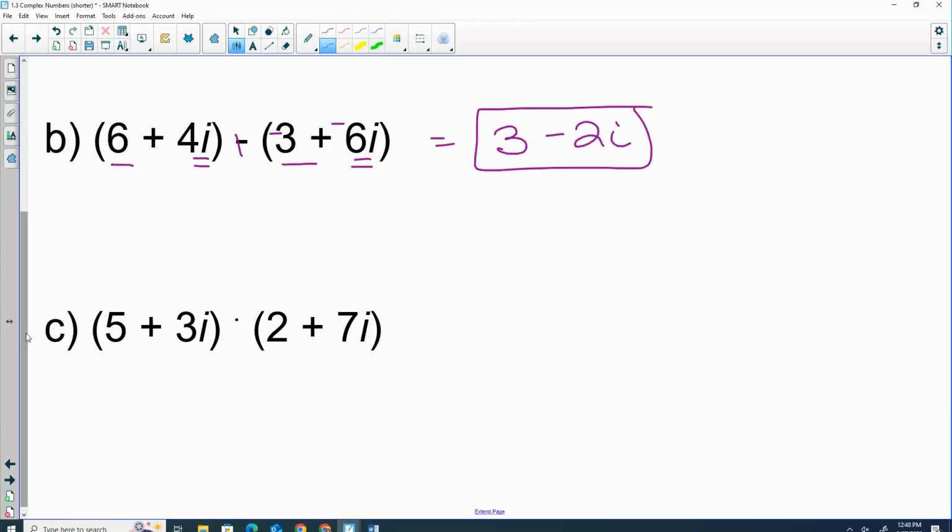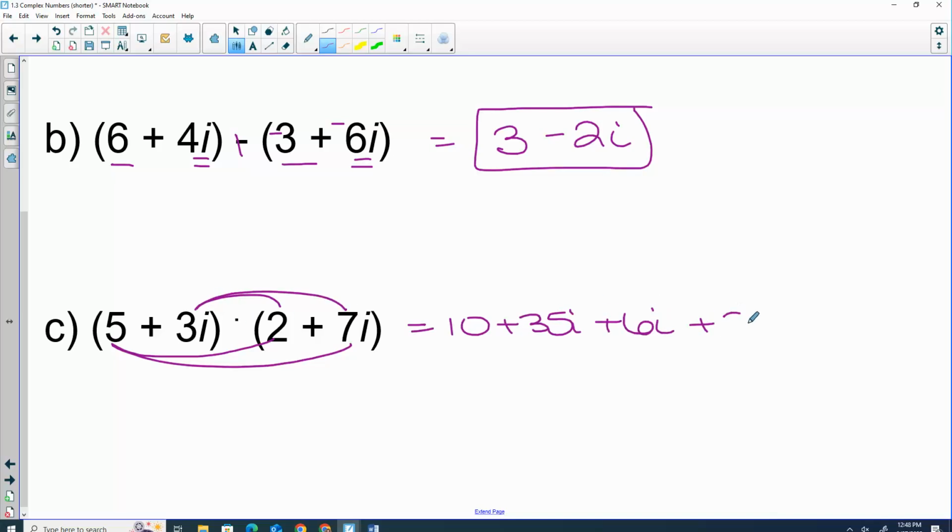What do you think we do for multiplying? FOIL. So we get 10 plus 35i plus 6i plus 21i squared.